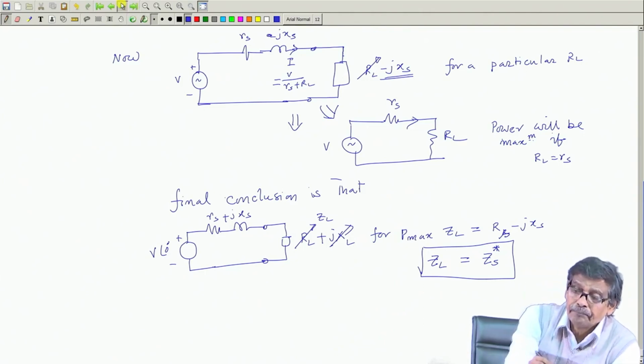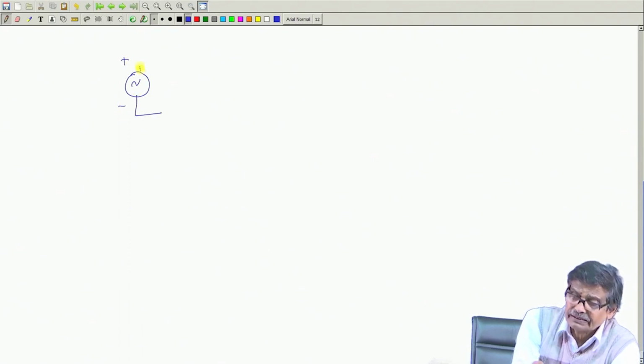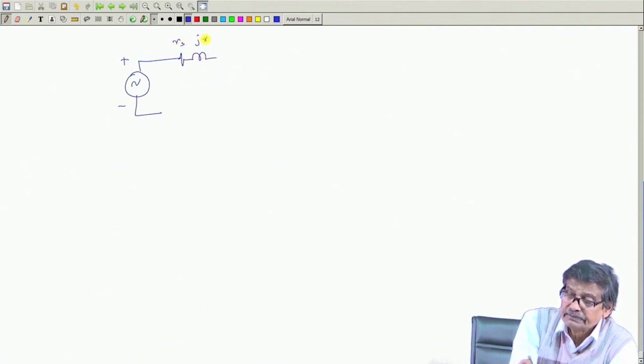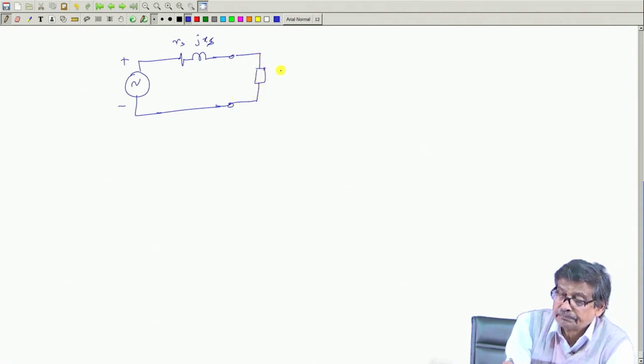Finally, the thing is, suppose you have a situation like this, AC circuit, this is a standard topic, this is suppose source impedance JXS, and here is the load impedance ZL I have connected.